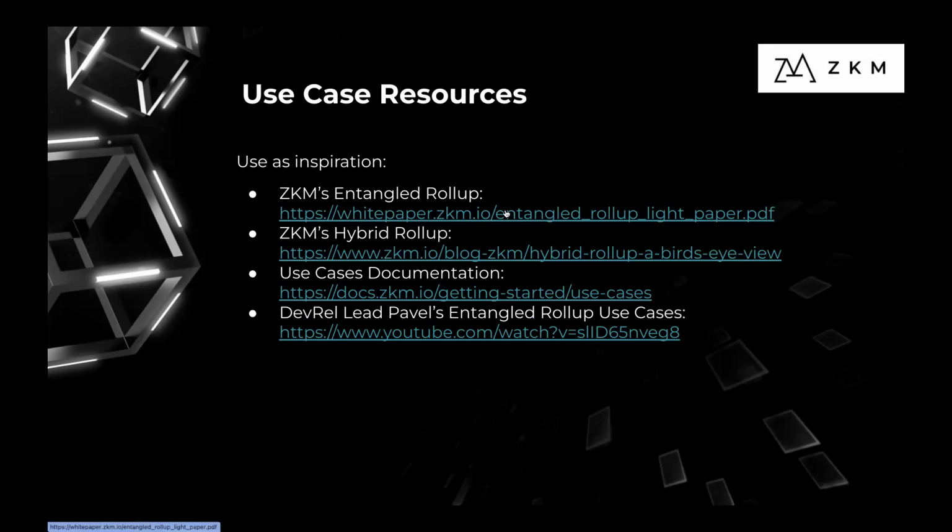If you want a more extensive and comprehensive review of the details relating to entangled rollup, I linked the white paper right here. Another use case that ZKM is working on with Meta specifically is hybrid rollup, combining optimistic rollup architecture with ZKPs. If you want to read more details about that specific use case, I linked an article over here written by Ming, who is our chief research scientist.